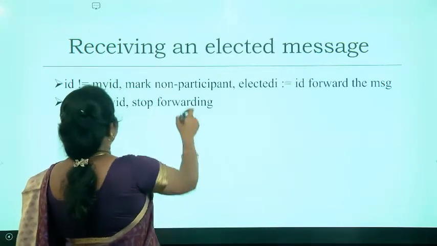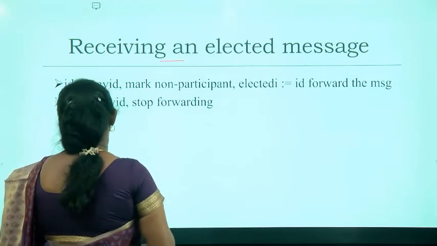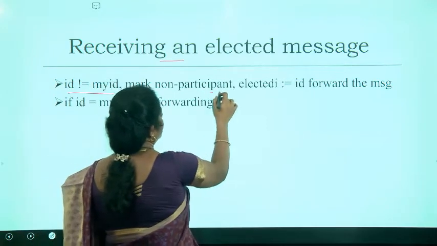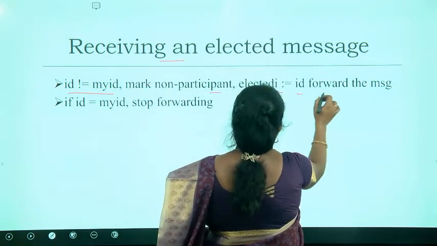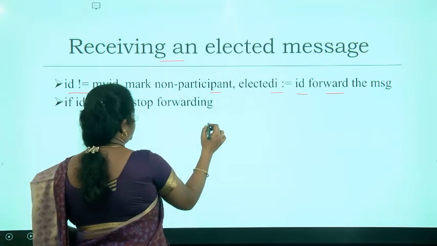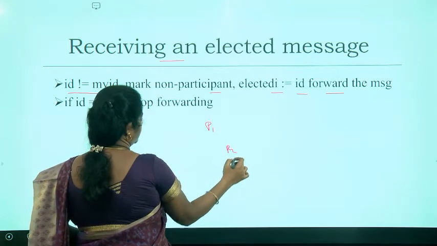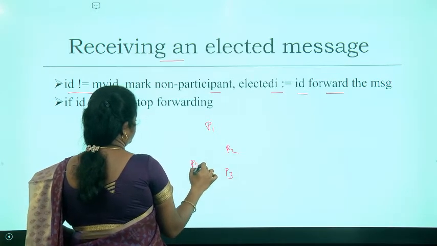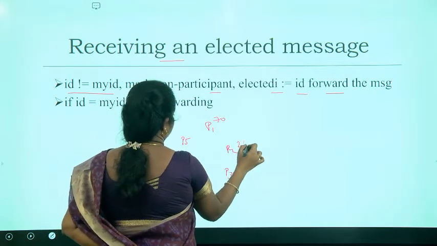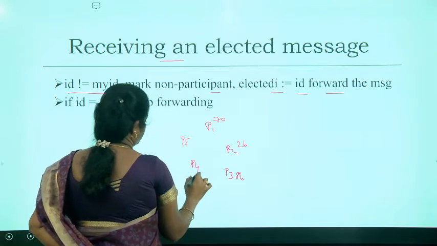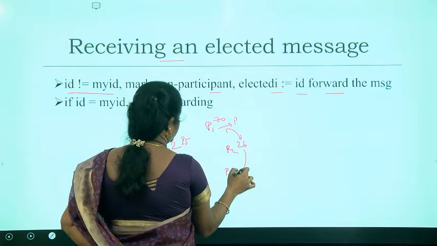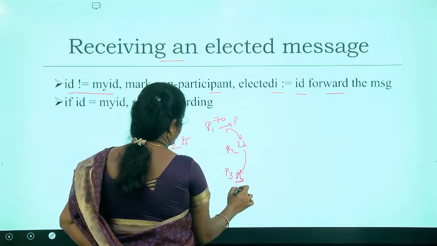Next, receiving an election message. If ID is not equal to my ID and it is a marked participant, then elect the ID and forward the message, same thing. Initially it is a participant and it is forwarding up to here, and while coming here it will be a participant.